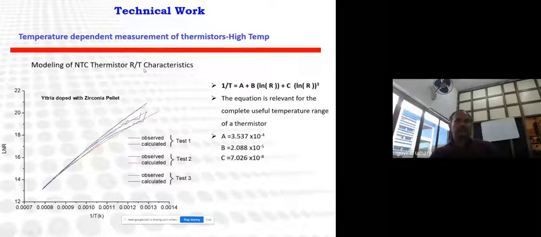We again modeled it using the Steinhart-Hart equation by taking three temperature range calibration points, and we modeled it. We observed that it is quite correlating, but there is a variation between the actual value and the measured value using these three constants.